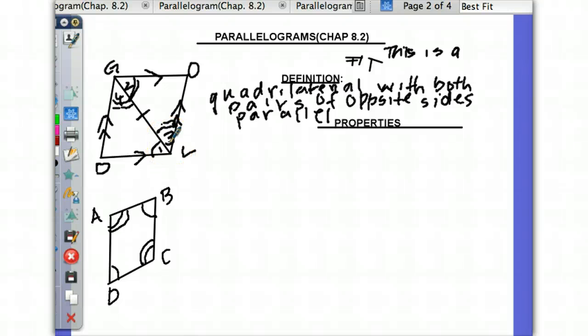So this triangle is an identical twin to the lower one by, and here's good review for us, side, side, side, or side, angle, side, or angle, side, angle. Laura, can you tell? I know my marks are not as nice as I'd like them to be. Is it going to be side, side, side, side, angle, side, angle, or HL, or HA?